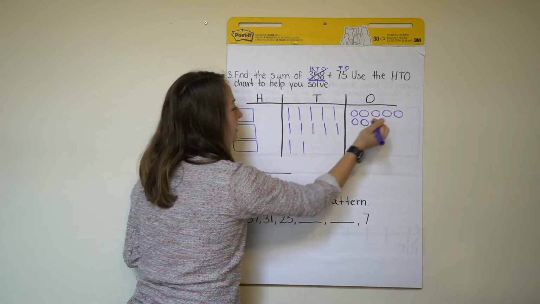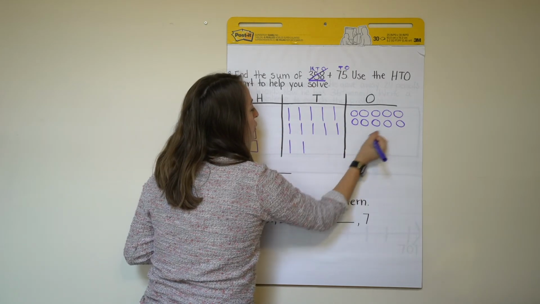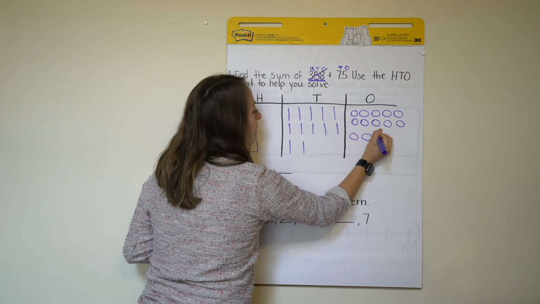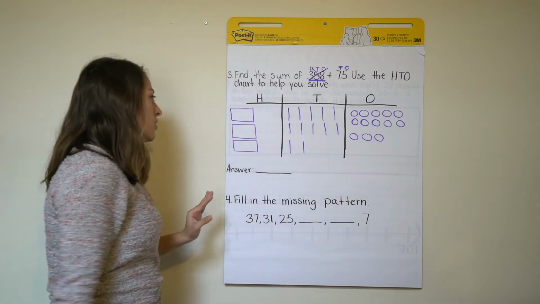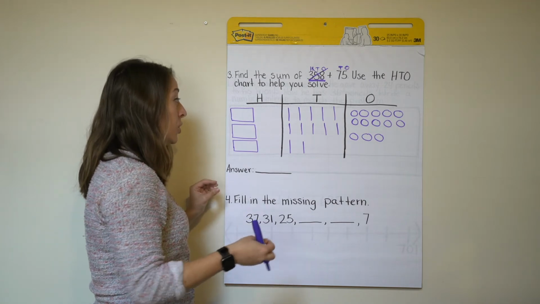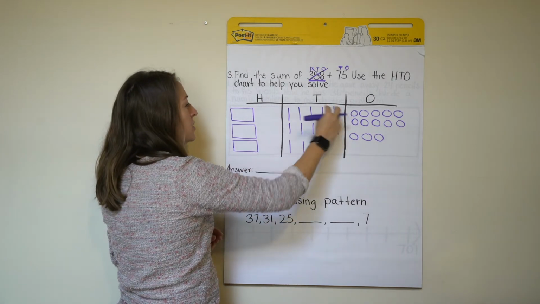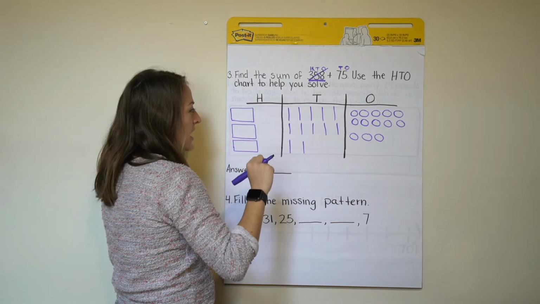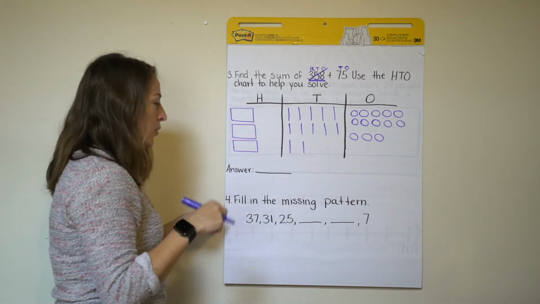And I have 5 ones. 1, 2, 3, 4, 5. So looking at both my tens and my ones, I can see that I can regroup actually both of them. So I want you to regroup it, and then I will show you how I'm going to do it.